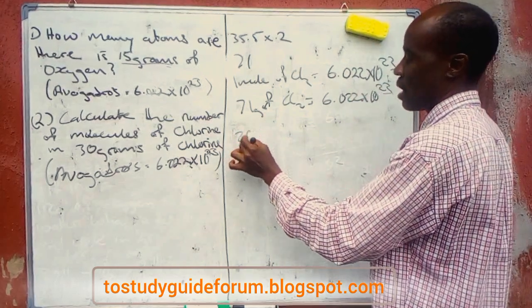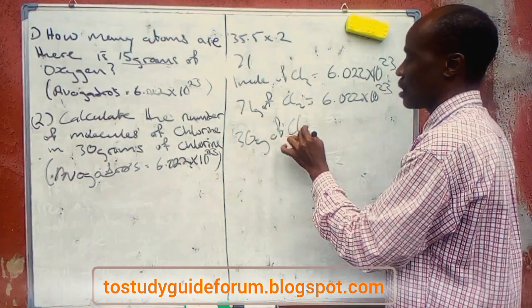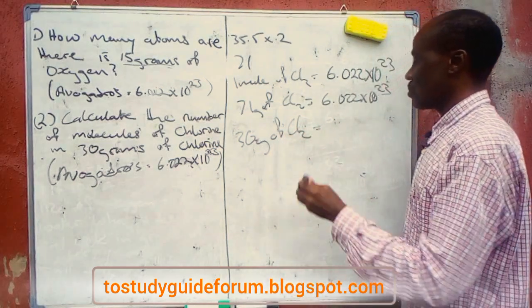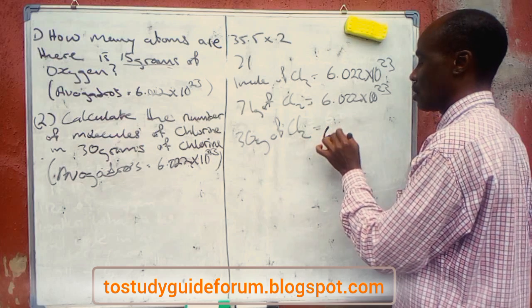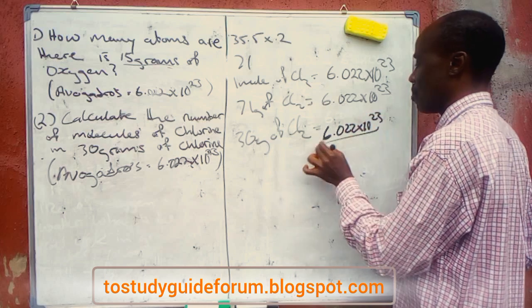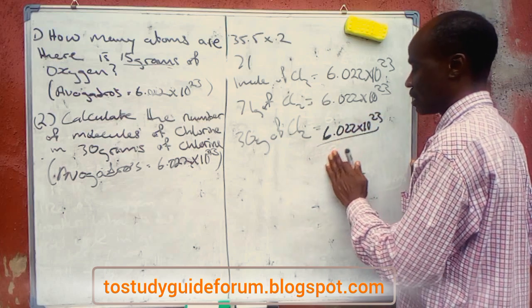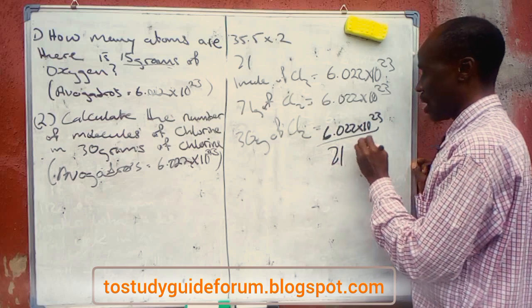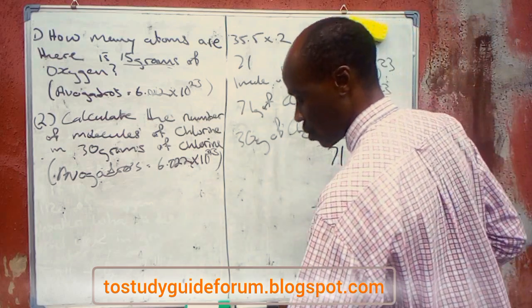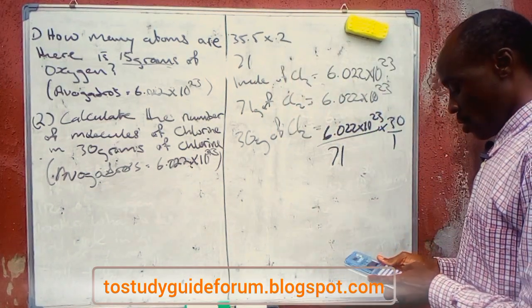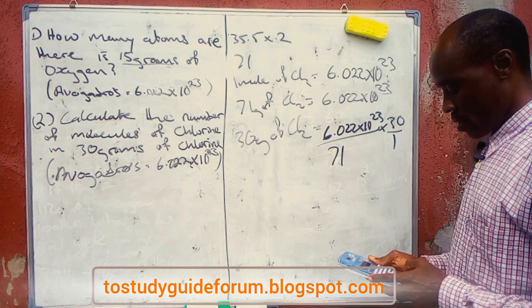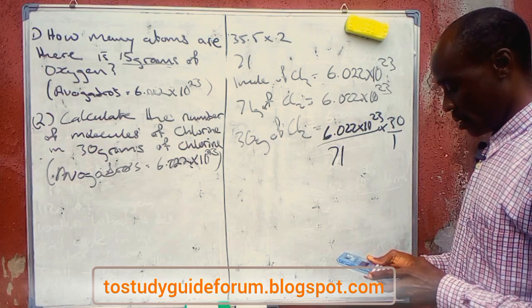Then 30 grams will be 6.022 times 10 raised to the power 23, multiplied by 30, divided by 71.